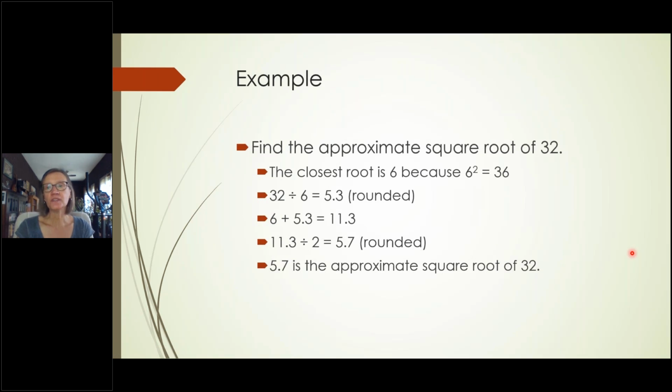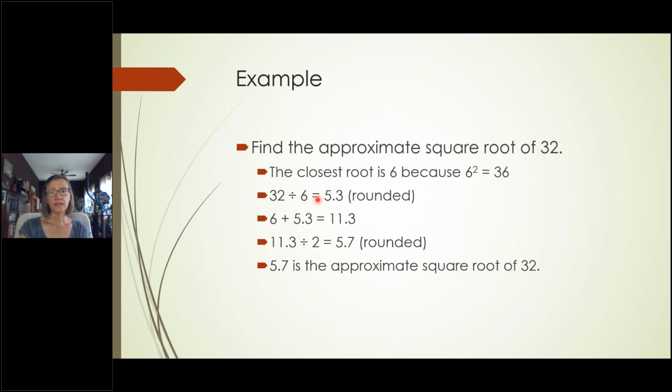Another example, just to sort of show it all on one page, is finding the approximate square root of the number 32. The closest root is 6 because 6 squared equals 36. So then we take 32 divided by 6, the closest root, and that equals 5.3, which I rounded off.